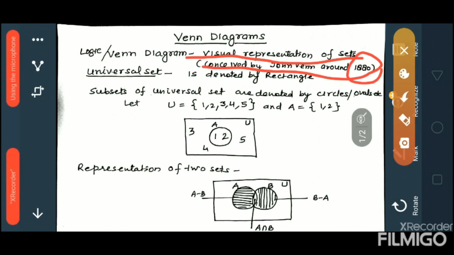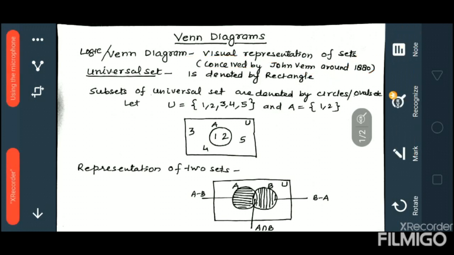So this is the definition of Venn diagrams. I repeat it, this is a visual representation of sets, meaning we can pictorially represent sets, we can understand sets. So this is called visual representation of sets.